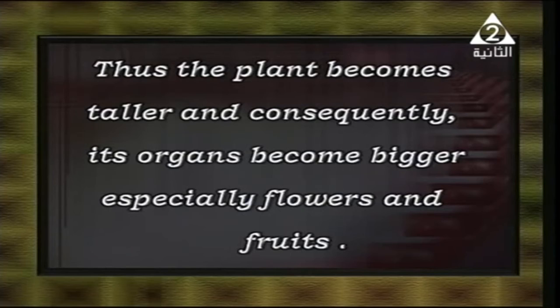So the plant becomes taller, and consequently its organs become bigger, especially flowers and fruits. So if you observe a large flower or large stem and so on, something abnormal, you have to think that this is a mutation, but in some cases it may be desirable for the plant. We need to get a large fruit and a very tasty and delicious one.